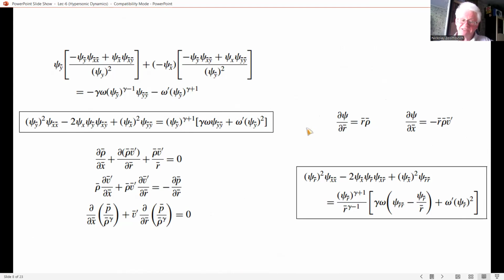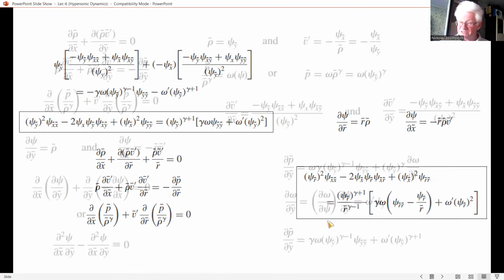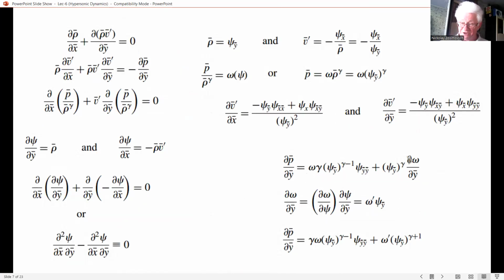A derivation similar to the previous slide leads to the following equation for our axisymmetric flow, as you can see on the right bottom of our slide. Namely, this equation is the axisymmetric analog of the previous one I just showed you.